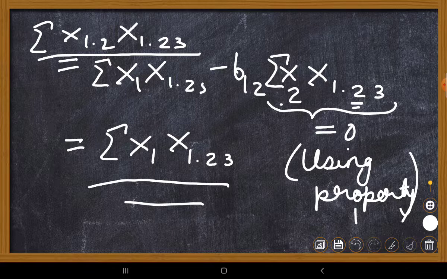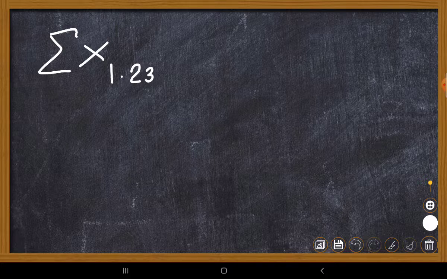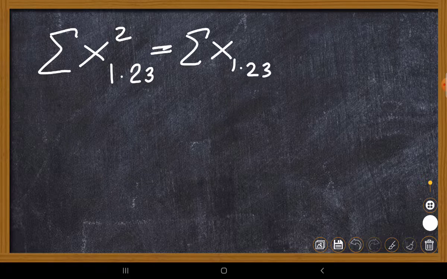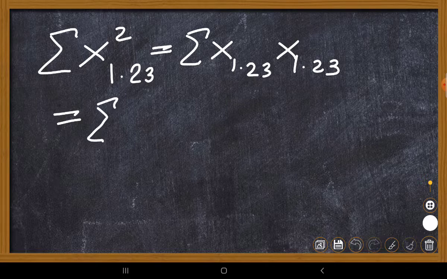Now in the same way, suppose you want to find the sum of the square of the residual, the sum of x1.23 square. You can write this as the sum of x1.23 into x1.23. Then you replace only one value of x1.23, which you already know.